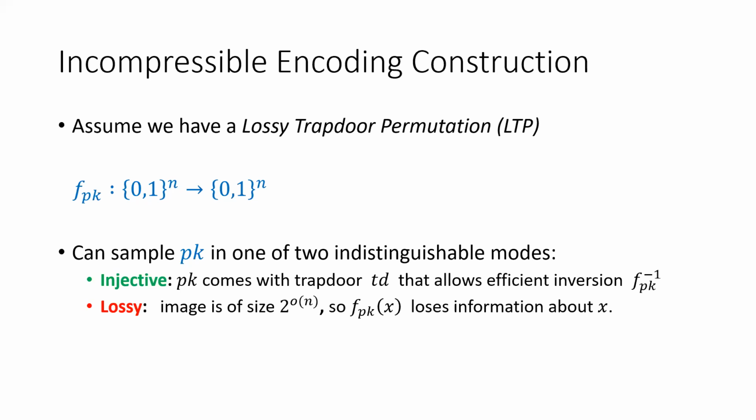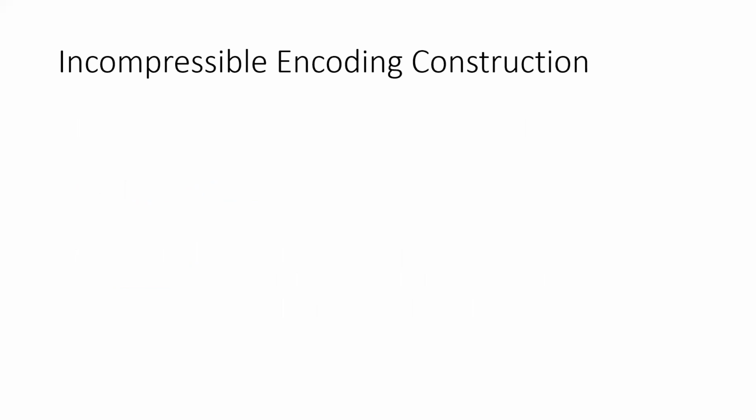And what that means is that if I take a random x and I give you fpk of x, then this loses a lot of information about x. I'm not giving you too much information about what x was. Whereas in injective mode, if I give you fpk of x, I give you all the information about x. Okay. All right, so we're going to use these lossy trapdoor permutations to construct incompressible encodings. And the construction is very simple.